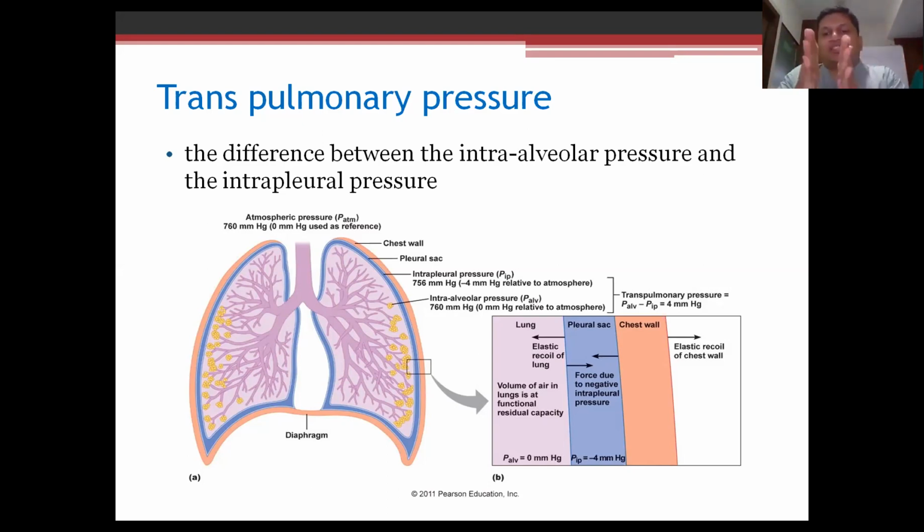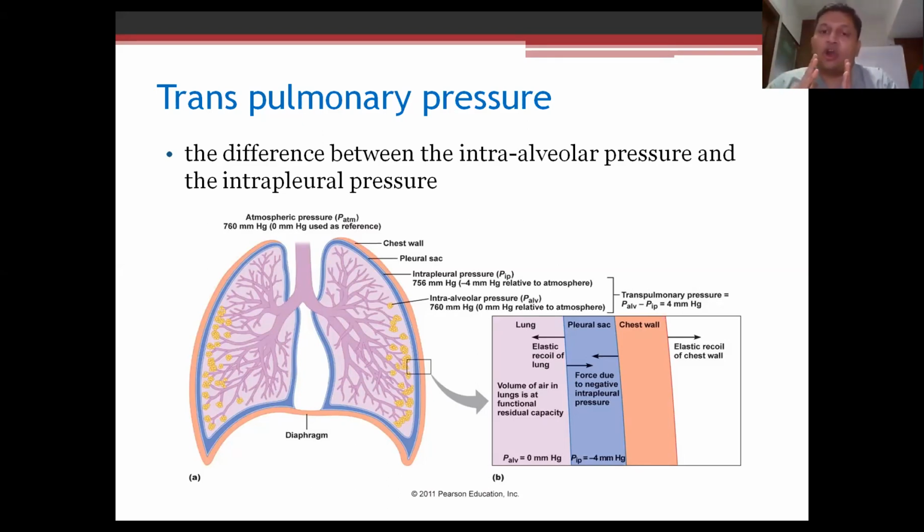So when the chest wall expands, the outer pleura expands, but due to the elastic recoil of the lung, there is always an expanding force in the pleura. So there is always a -2 to -8 mm of Hg negative pressure inside the pleura.